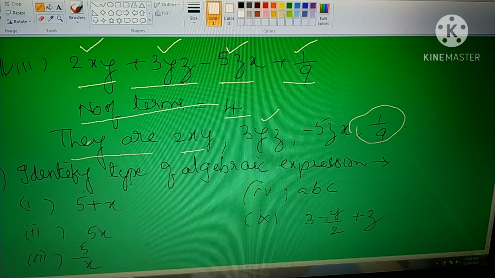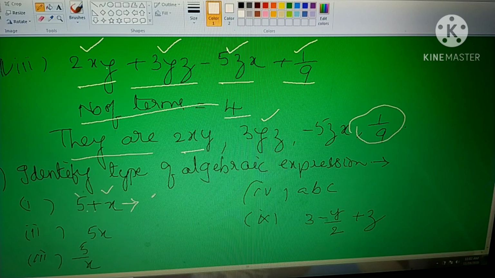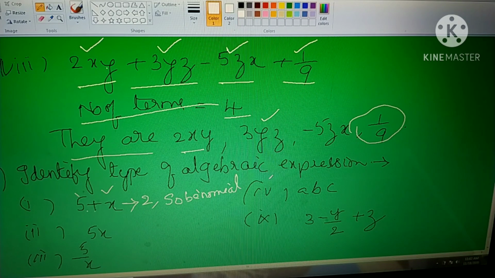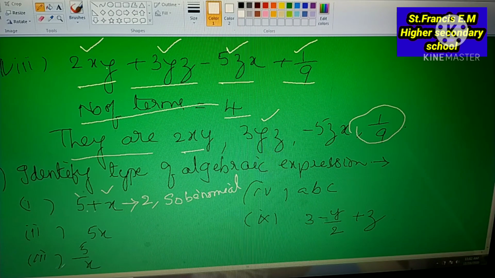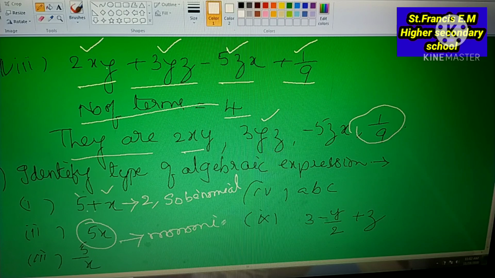Now see this first problem. 5 plus x. So here we have how many terms? 1, 2. So 2 terms, right? So binomial. Having 2 terms means binomial. Having 1 term is monomial. Here we have only 1 term, 5x. So this is called a monomial. Like that you have to write the name here.